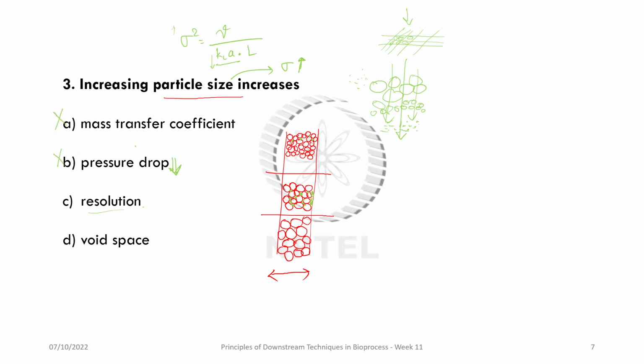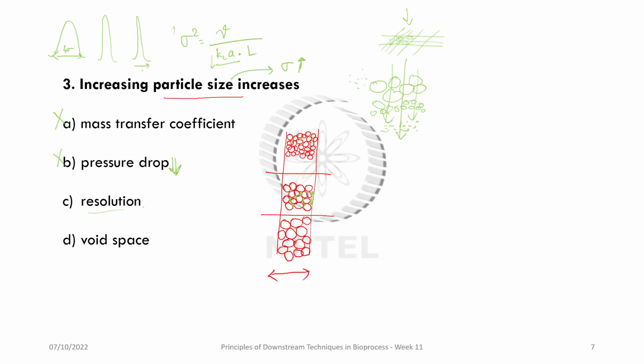Option C, resolution. When does resolution increase? When you're talking about sigma, base is 4 sigma, right, assuming a Gaussian model. The steeper or sharper the peak, the better the resolution of a chromatographic column.